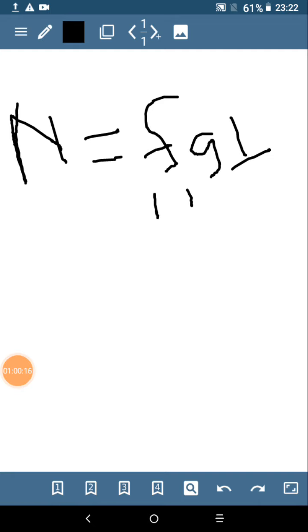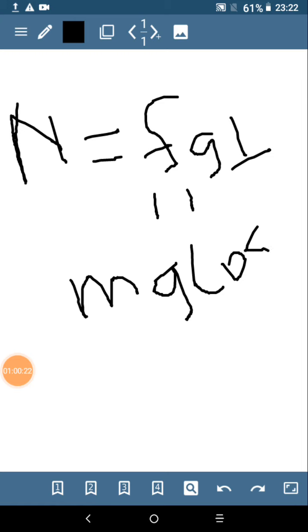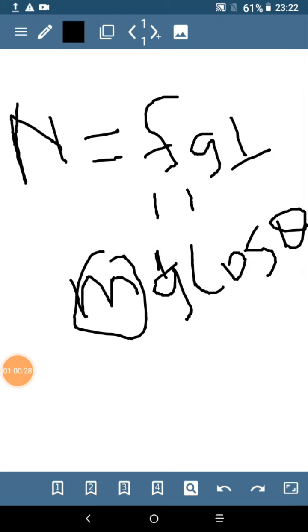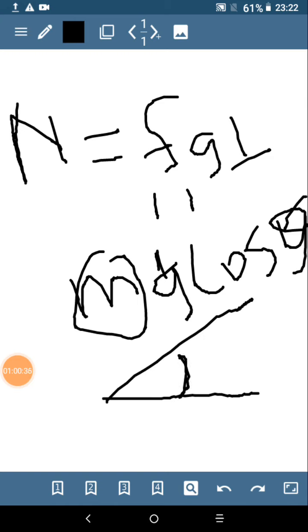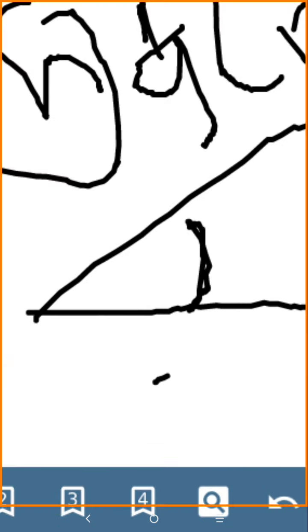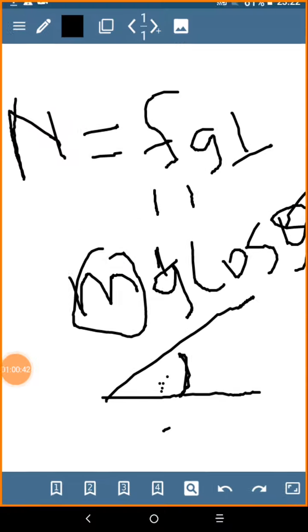It equates to mg cos theta, m being the mass, g being that constant, and theta being the angle between the horizontal and the incline. You will be given that angle, guys. Okay.